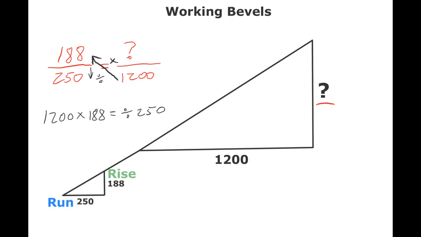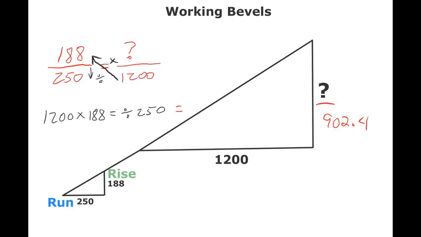So 1200, cross multiply and divide, and we get 902.4 millimeters.